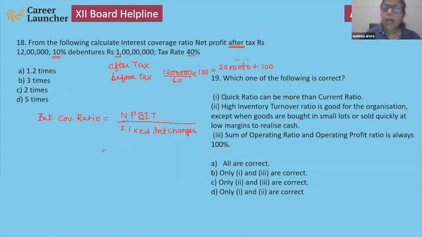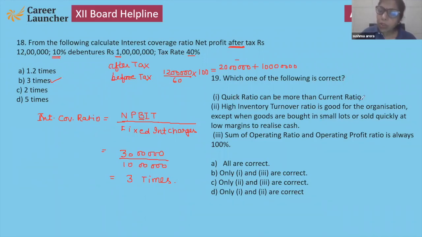The profit before tax plus interest will be 30 lakh. And fixed interest charges is 10% of 1 crore, so the ratio is 3 times. Interest coverage ratio is also calculated in times. 3 times.